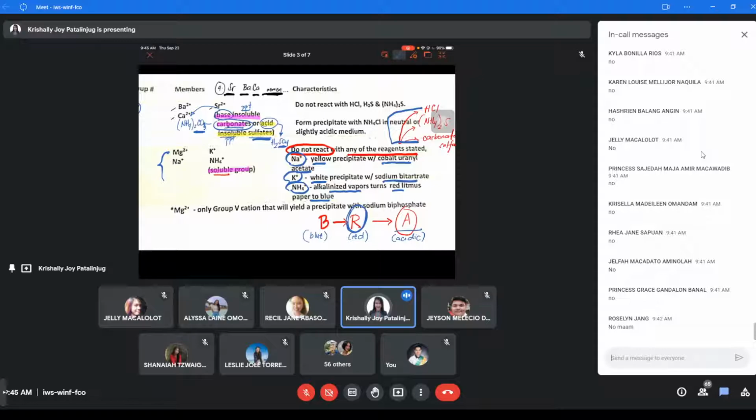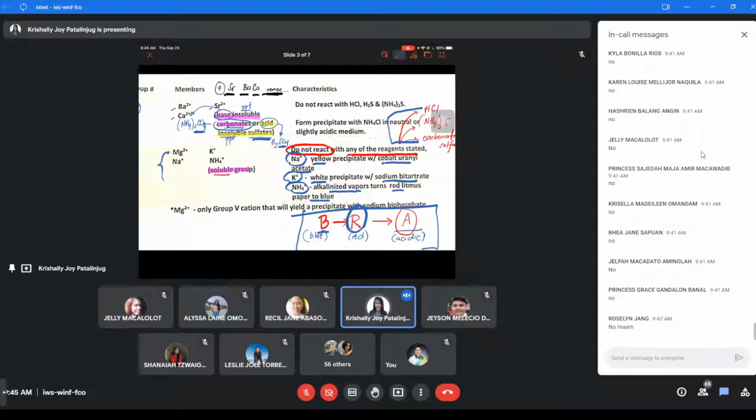Blue to red, acidic. As long as red is the end result, it is acidic. If blue to blue, it is the opposite, so it is basic. Or red to blue, where blue is the ending color of the red litmus paper, then it is basic.